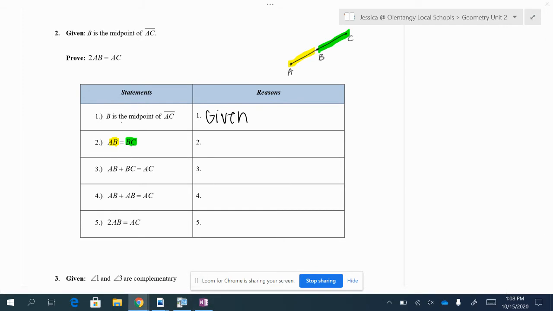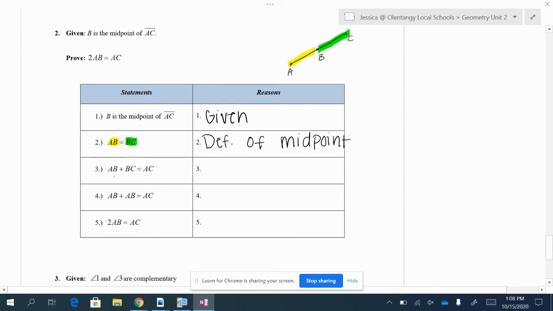So this reason's kind of new, but it's going to be definition of midpoint. Because the definition of a midpoint is a point that cuts a segment exactly in half. And that is exactly what that statement is saying. It is now saying that the length from A to B, there in yellow, and the length from B to C in green are equal to each other. And I know that because B is the midpoint.